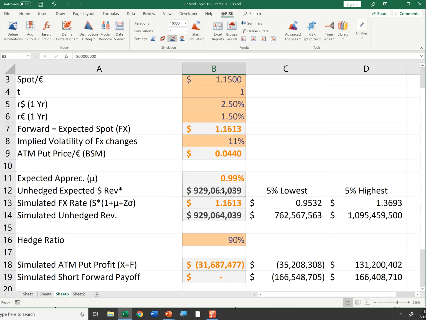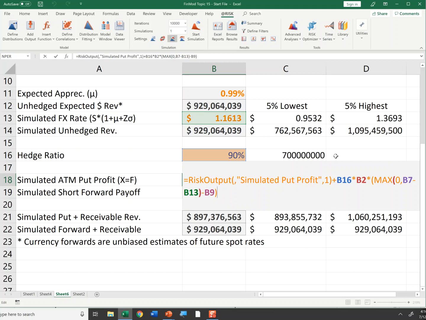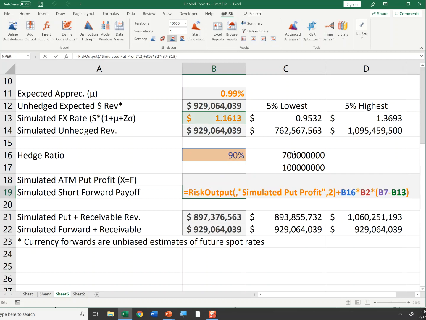In that case, I'd have to have two different quantities here. What I'd have to do is have a separate cell out here saying something like 700 million is the quantity of my forward, and say 100 million is the quantity of my option, and then I would just have a link here to use a quantity of 700 million on the forward and 100 million on the option.